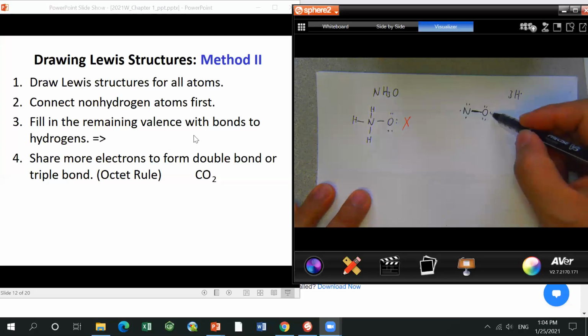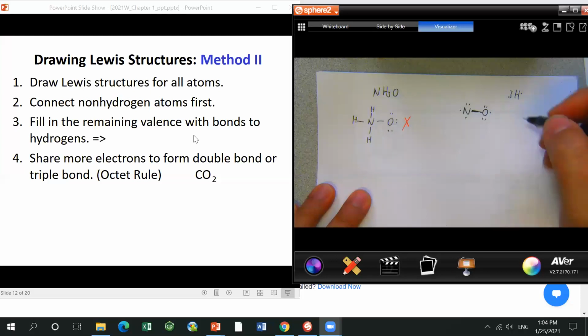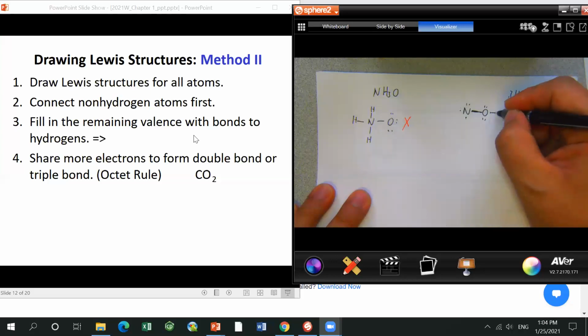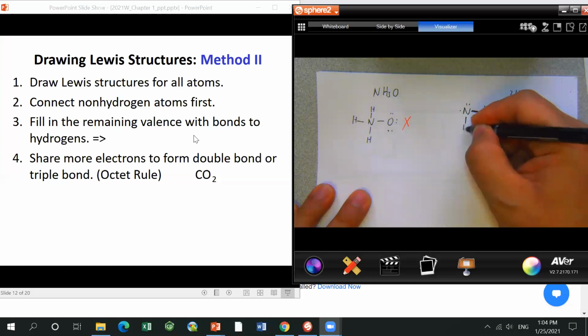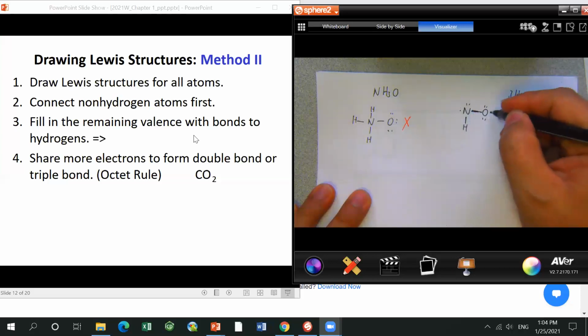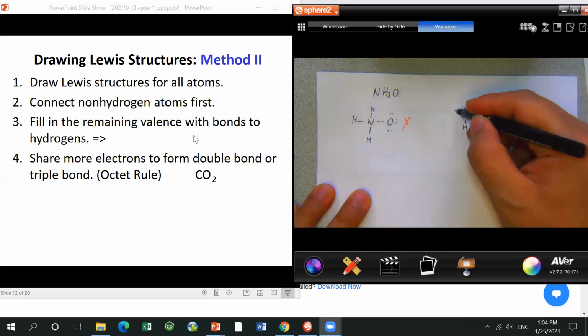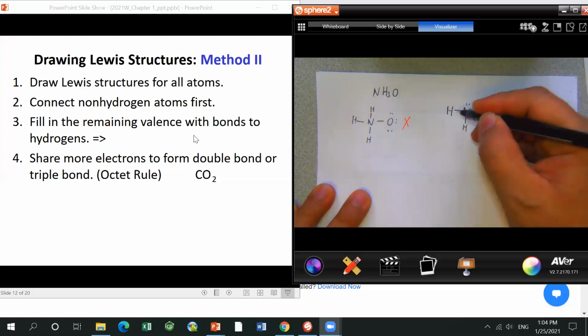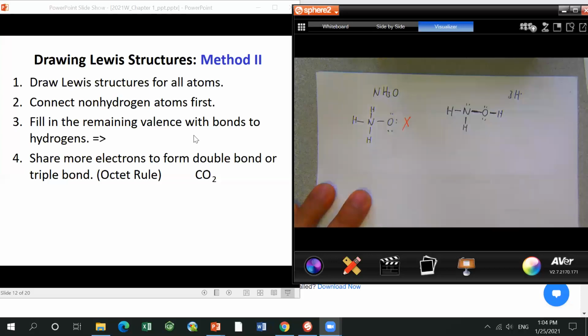So we fill the single electrons with hydrogens. 3 hydrogens: one goes to oxygen, another 2 go to nitrogen. That gives you the right structure.